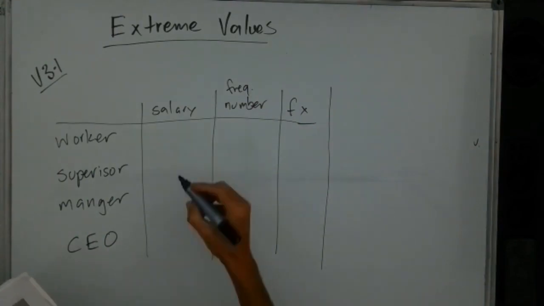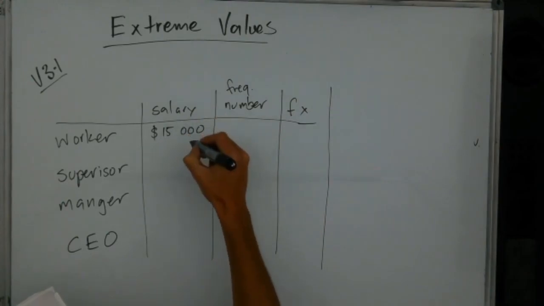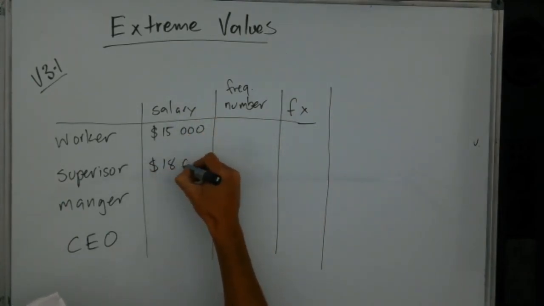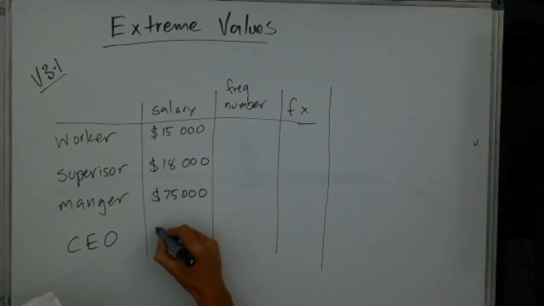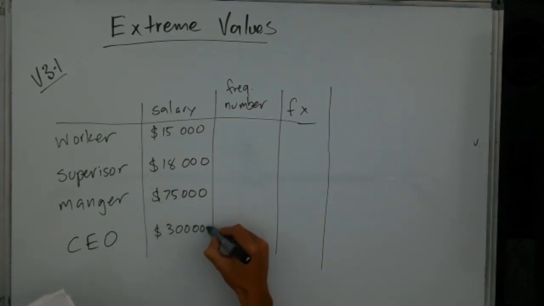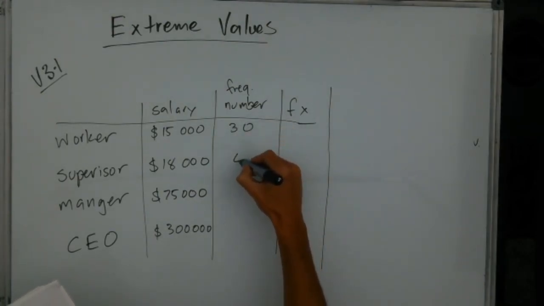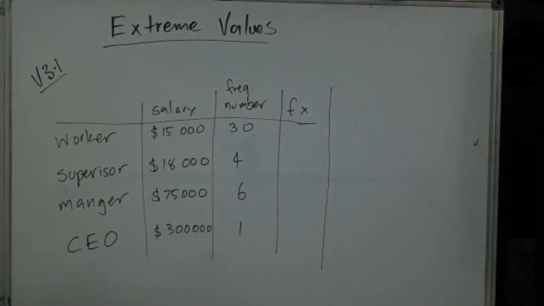So we've got workers, and so we'll just set this up and then I'll read through the question. 18,000. CEO, 300,000. So we've got 30 workers, 4 supervisors, 6 managers, and 1 CEO.